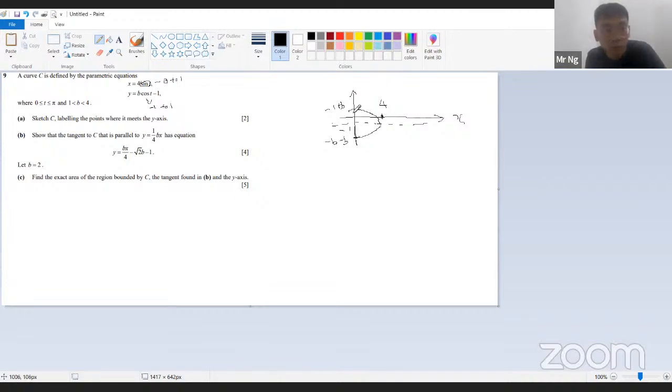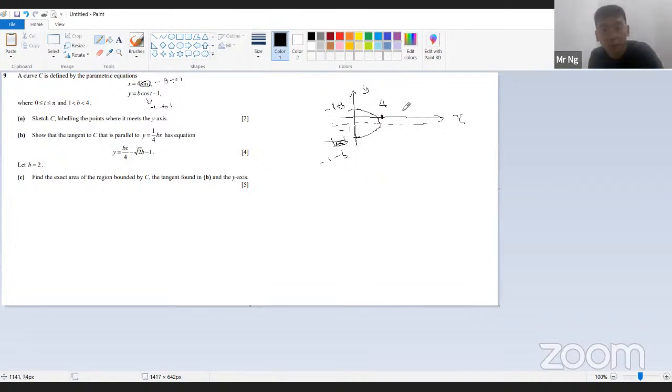This one is minus 1 plus b. I hope you all can see my handwriting. Then this one minus 1 minus b. Okay, that's it. Label the points where you meet the x-axis, y-axis.